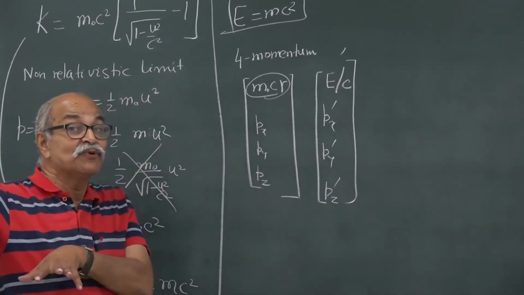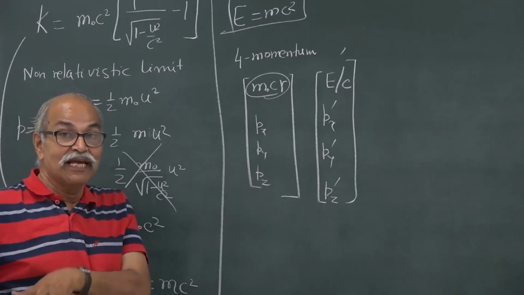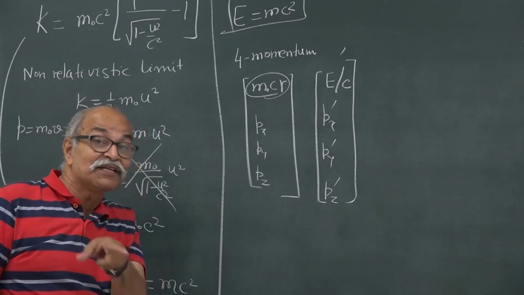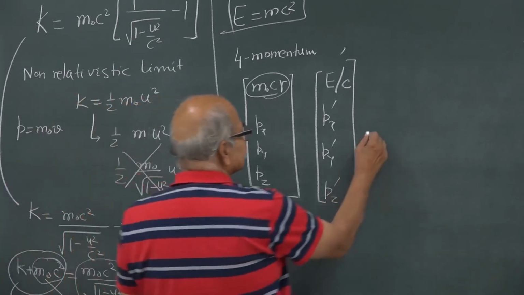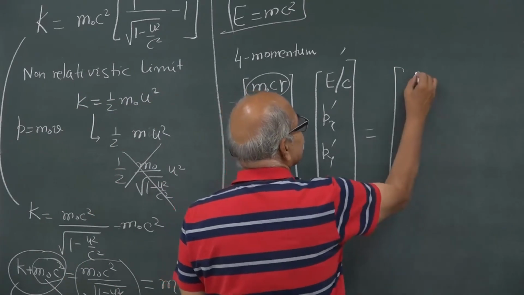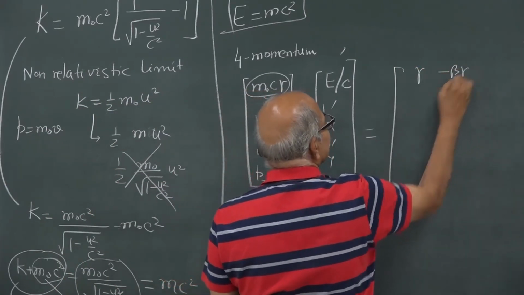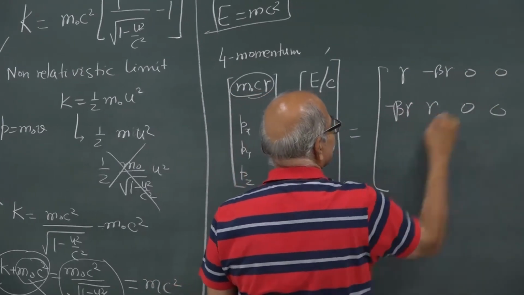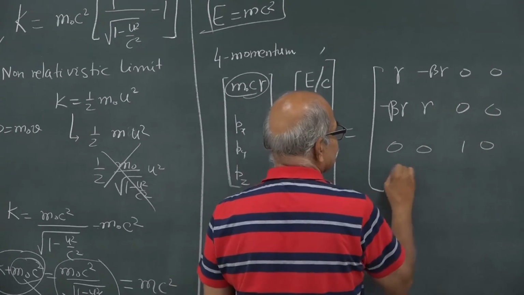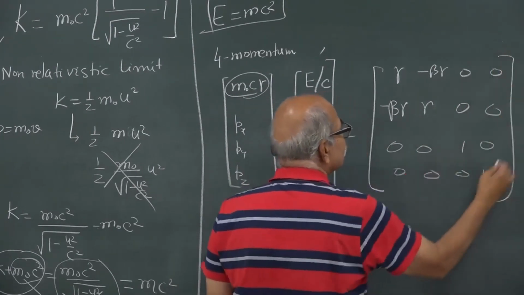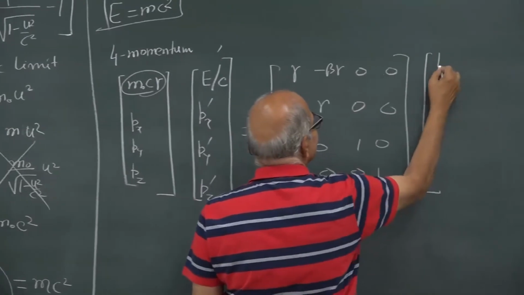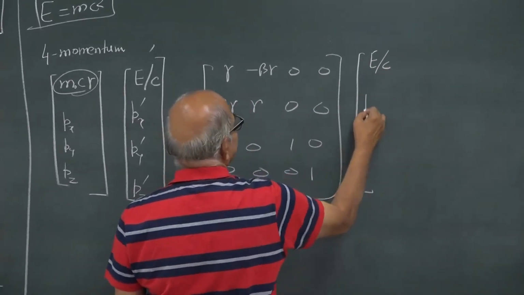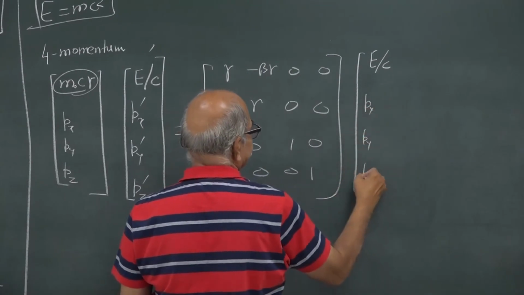Now, I am changing frame, going from S to S prime, moving with velocity v, and then there is a gamma corresponding to that v, and then you know what is the Lorentz transformation. It is gamma, minus beta gamma, minus beta gamma, gamma, 0 0 0 0 0 1 0 0 0 0 1, that is Lorentz transformation, and then in S frame the total energy is E, so E by c here and then Px, Py, Pz here.